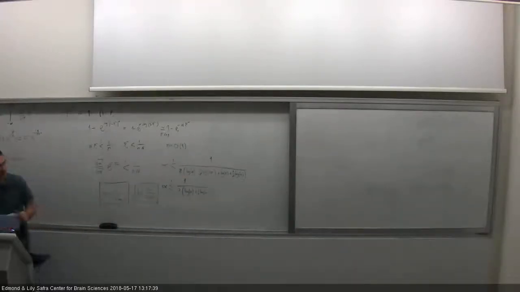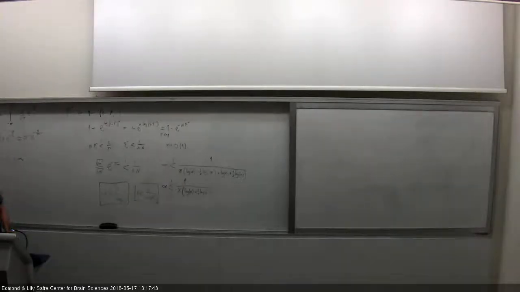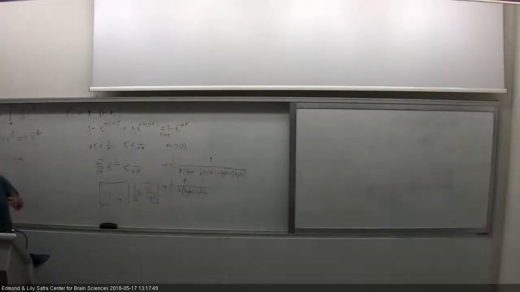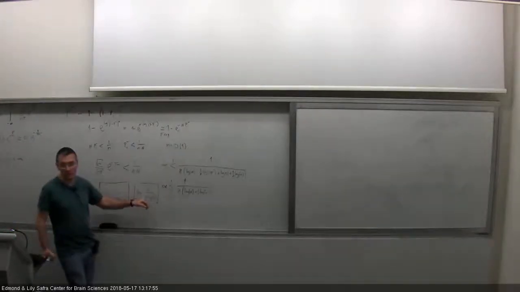So the implication is that the signal-to-noise analysis that we did previously, which resulted in saying that alpha should be on the order of 1, is correct up to corrections of log n.